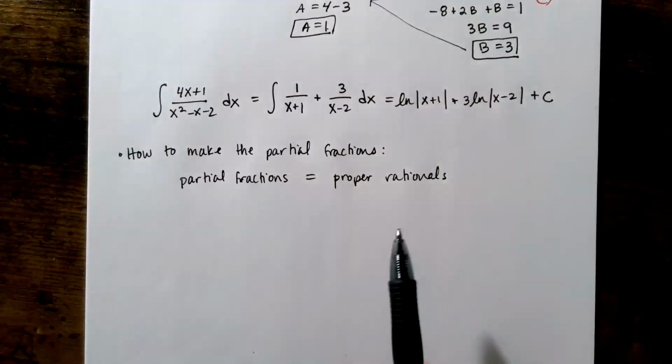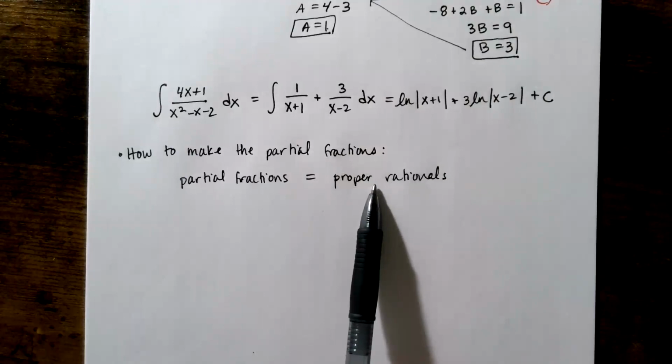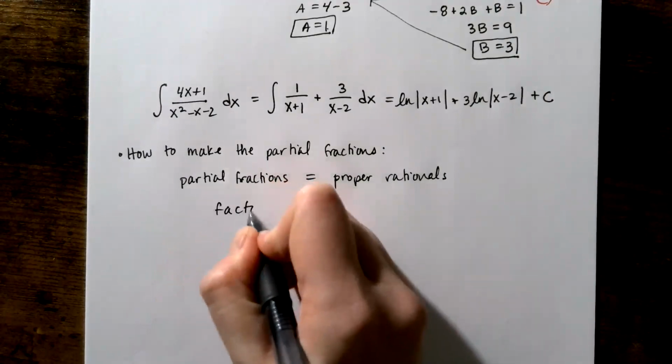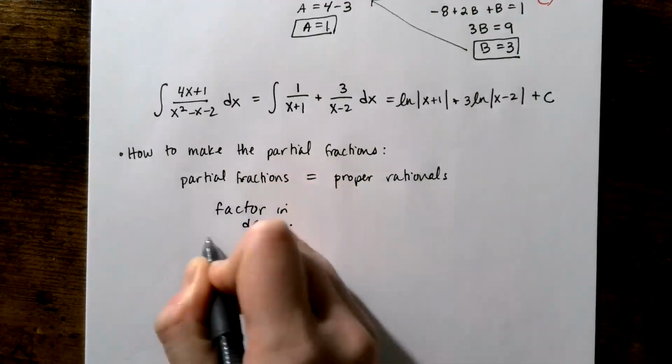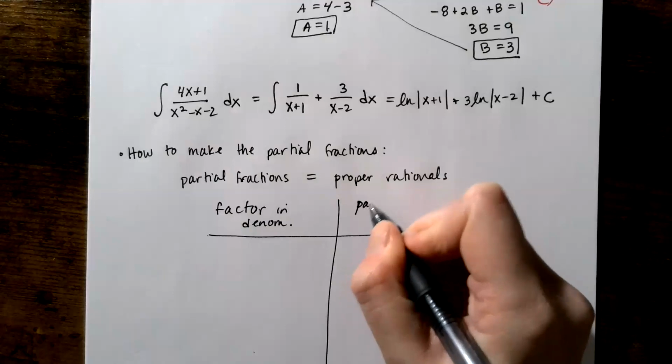And we said a proper rational has to have a lower degree polynomial in the top. So anytime you have a linear factor, I'm going to make a little chart here: factor in denominator, and then next to it we'll have partial fraction.